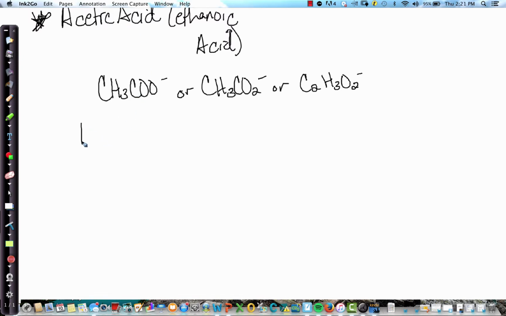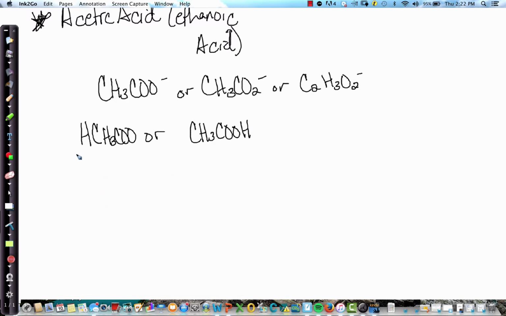So when we write out the formula for acetic acid, you can write it like this, or more typically it's written like this, CH3COOH, because the hydrogen will end up bonding to the O right here.